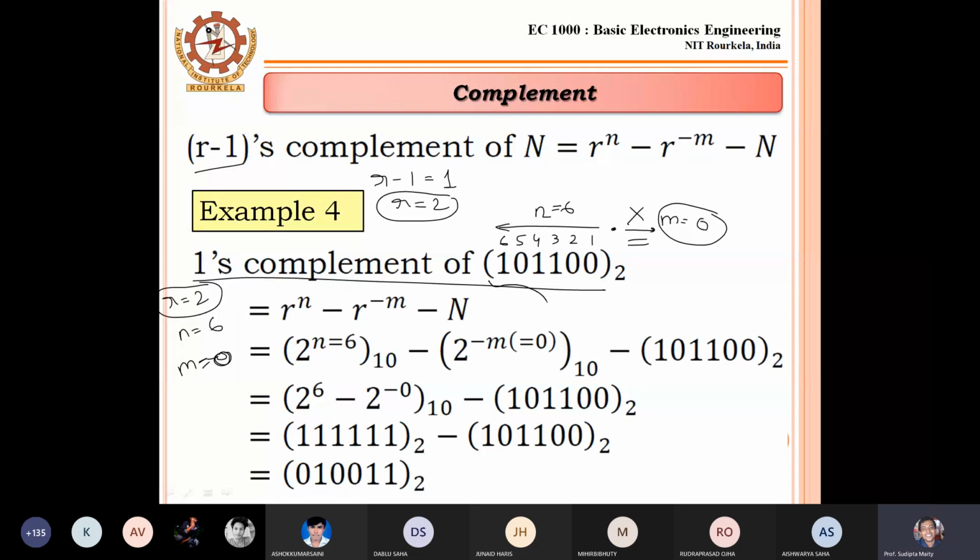And we already know this is equal to capital N. Now we know these values, so substitute. Now the calculation: this whole data is in decimal, but here it is in binary, so this data has to be converted into binary.